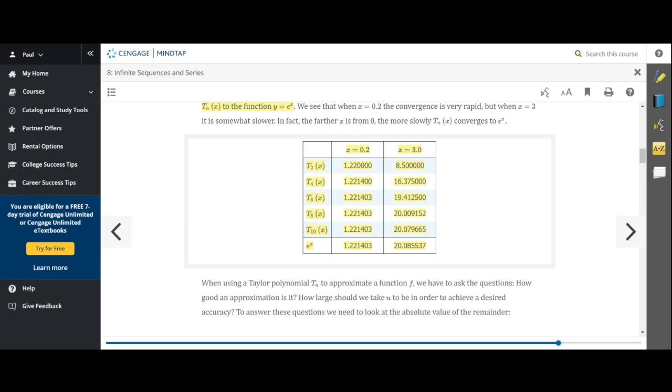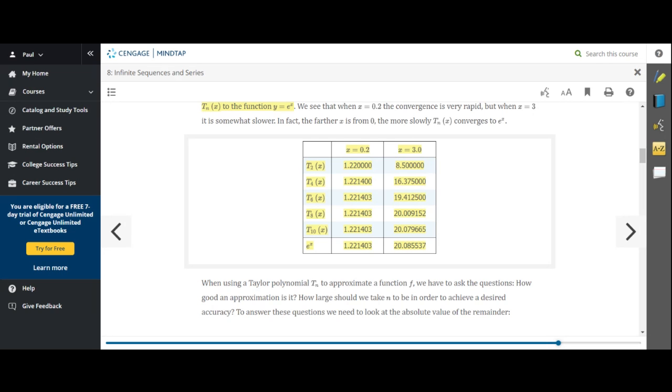The 8th degree polynomial t sub 8 does a better job than t sub 6. The 10th degree Taylor polynomial t sub 10 does a better job than t sub 8. The polynomials don't do quite as well. And notice, even the 10th degree Taylor polynomial when x equals 3 is 20.079665. E to the third power is 20.085537.